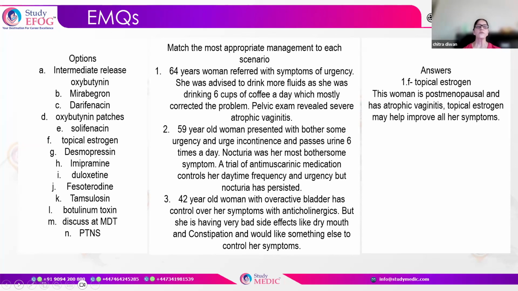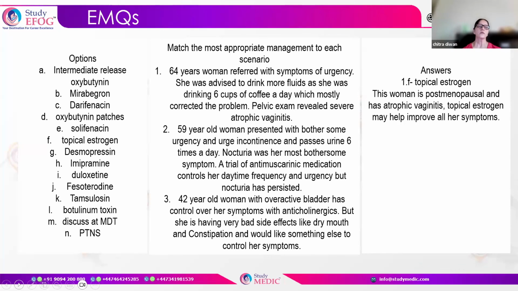Next, you have this 59-year-old woman presented with bothersome urgency, incontinence, and she has a frequency of passing urine 6 times a day. The most troublesome symptom for her was nocturia. So she was given a trial of antimuscarinic medication. This controlled her daytime frequency and urgency, but nocturia has persisted.